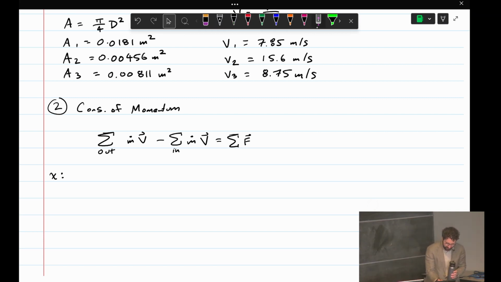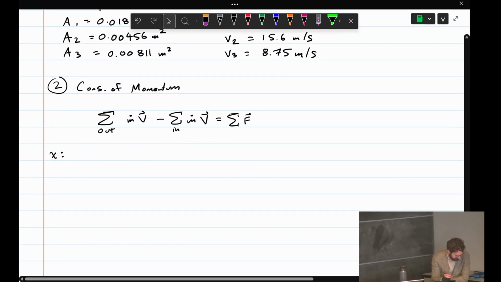Just the left-hand side. Yeah, I'll show you the solution now.